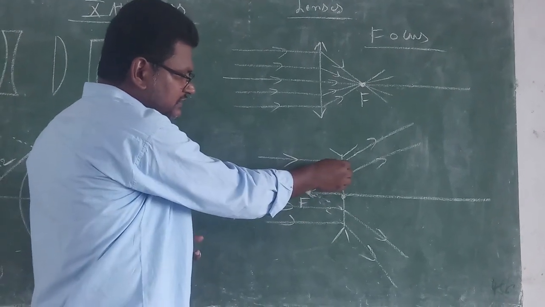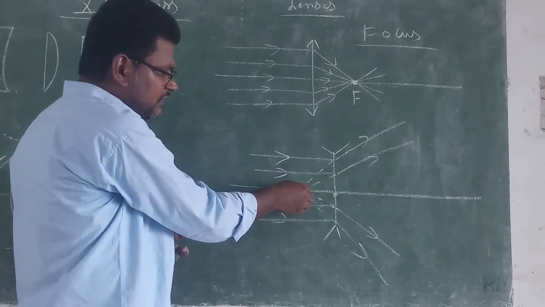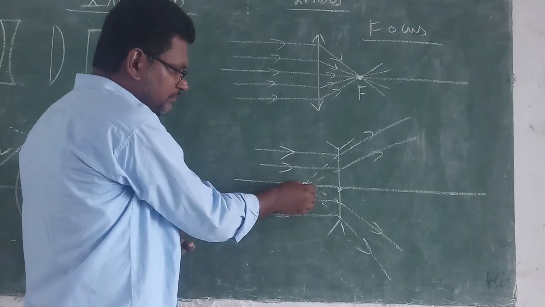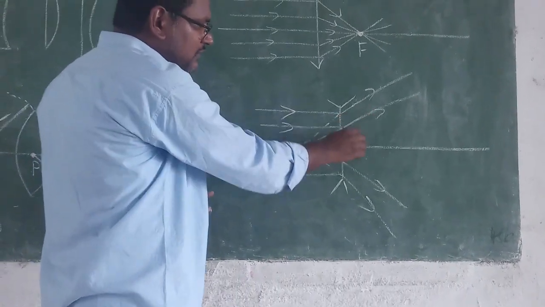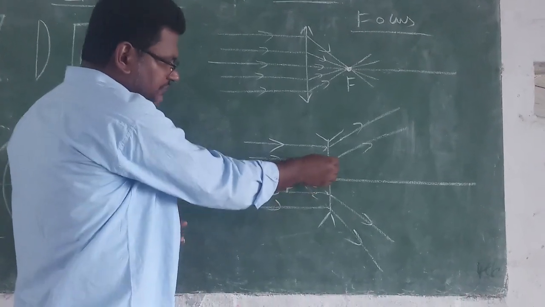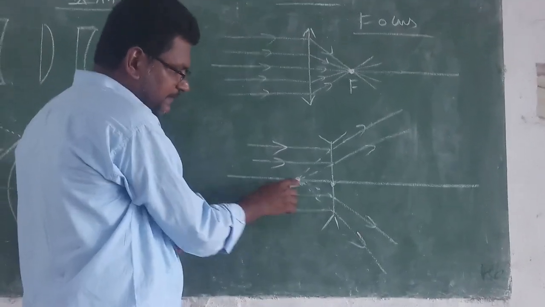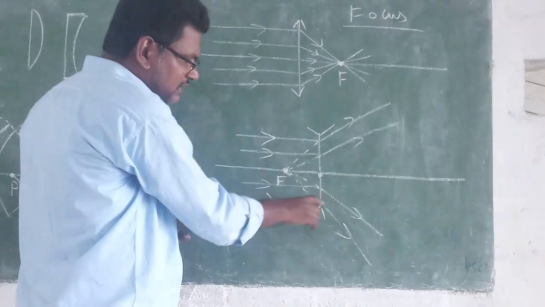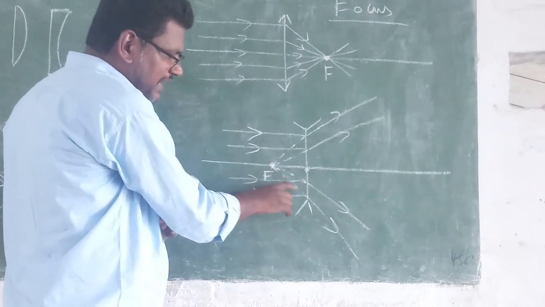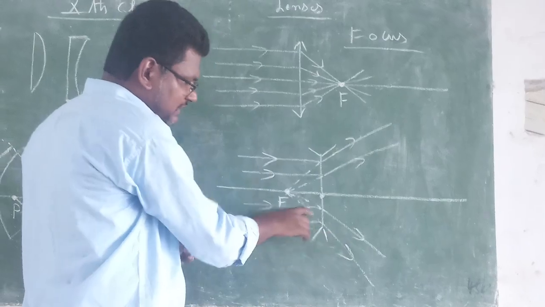See here, this is the extension of the refracted light ray backward, and this is the extension of the other refracted light ray. We extend these refracted light rays back.